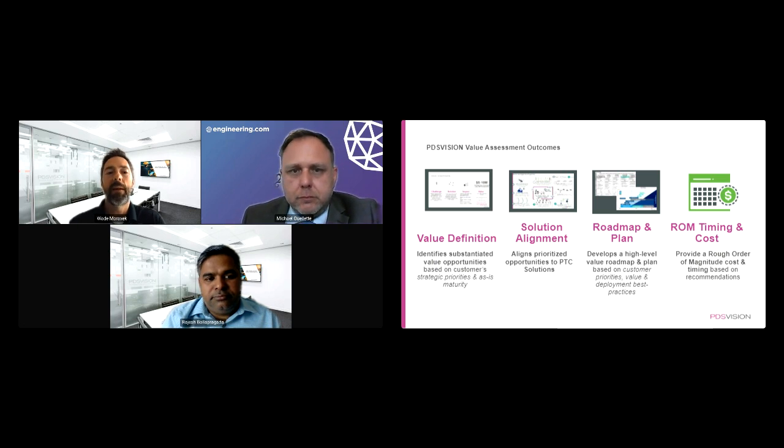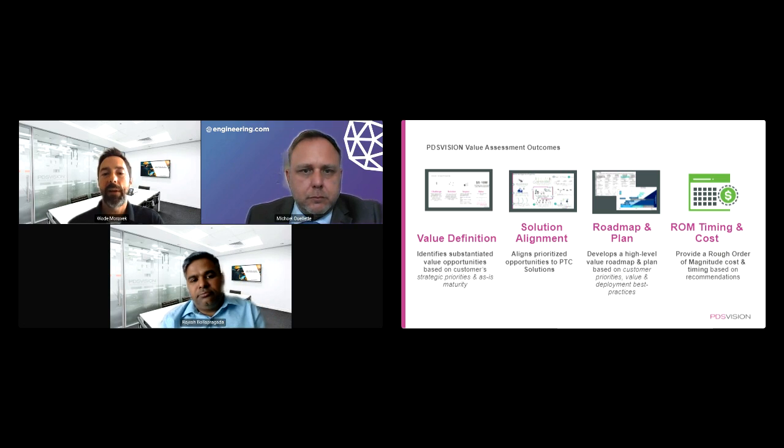We want to reduce our time to market. We have this goal to increase our top line revenue. How do we get there? What solutions are going to help us to achieve those goals? And so we can go in and dig into what's contributing to that top line number. Where are the areas for improvement? And we can align a solution to the goal.